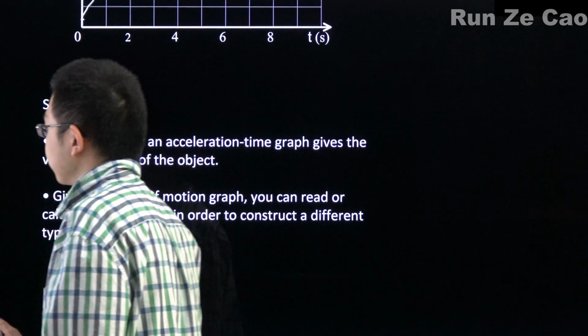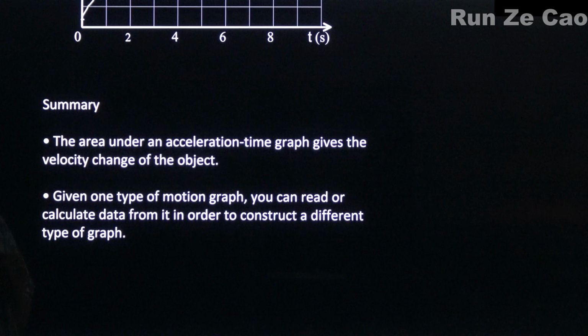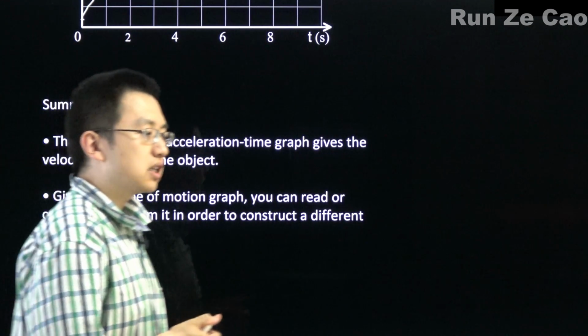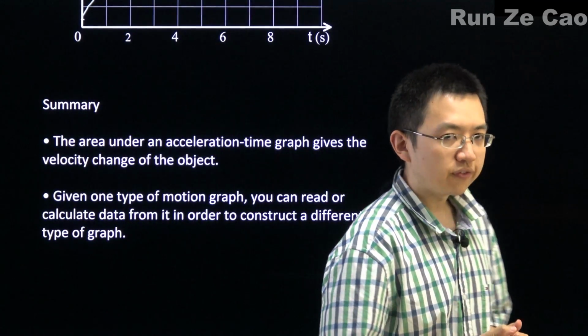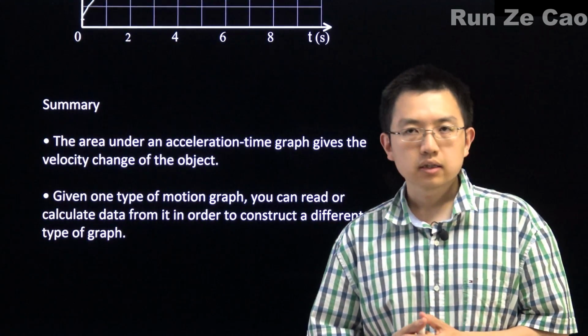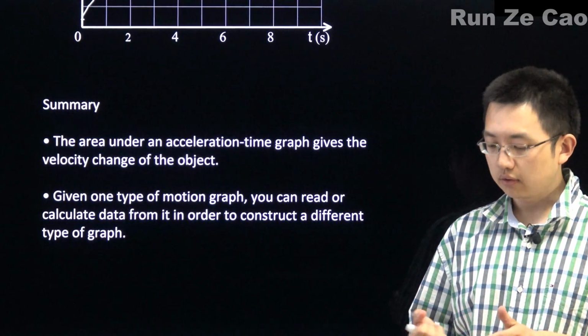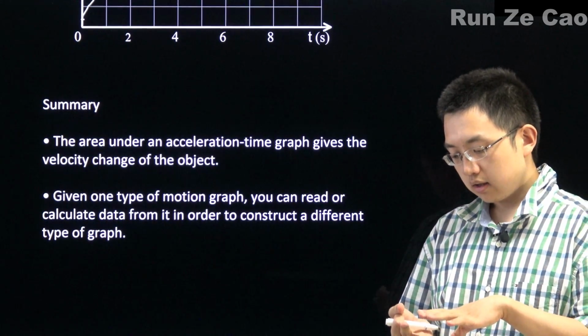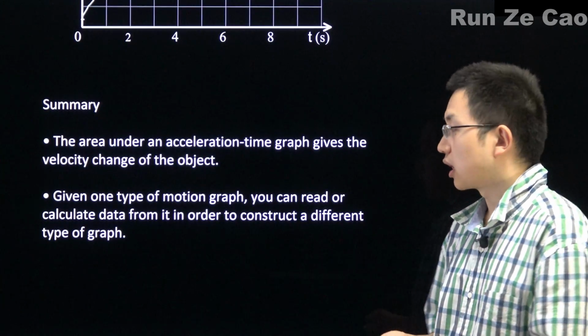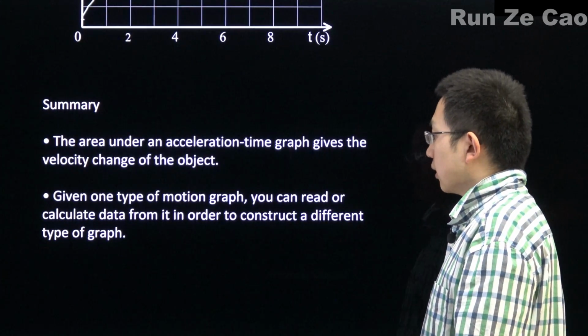Alright, in summary, the area under an acceleration time graph gives you the velocity change of the object. And given one type of motion graph, you can find the other 2 types of motion graph. So acceleration time, velocity time, and position time being the 3 types.